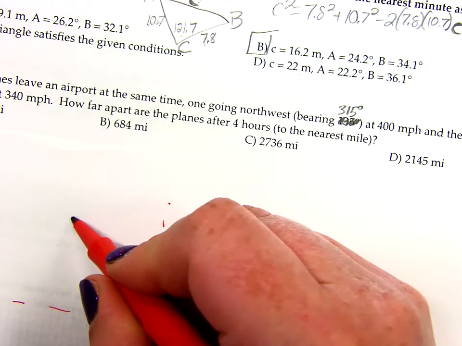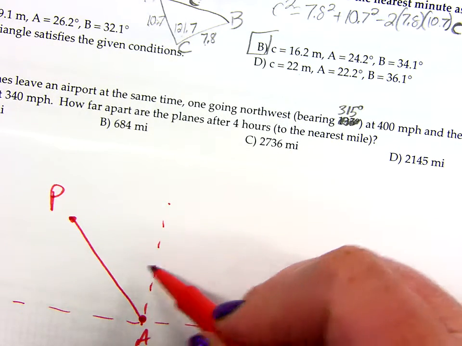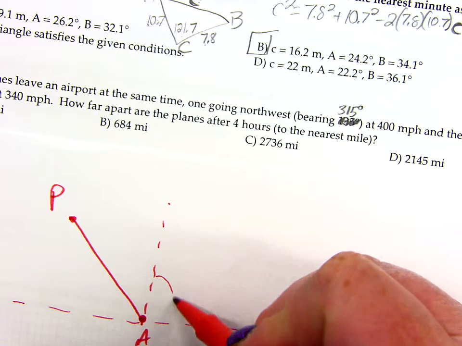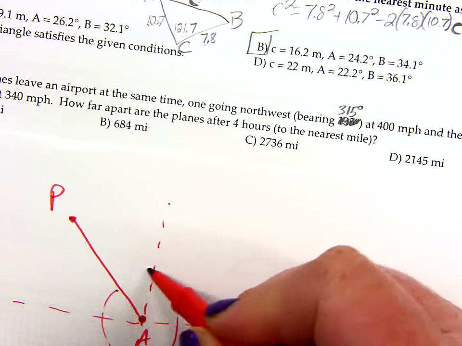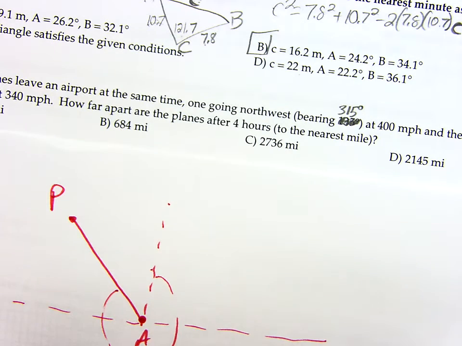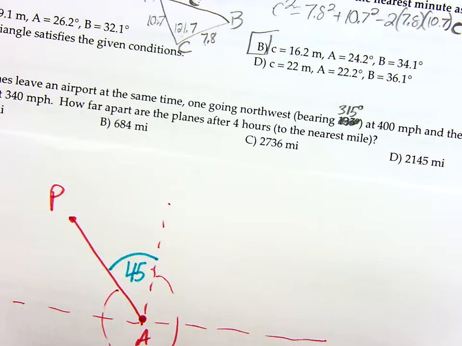So here I have a plane, I'll call it P. So if this angle from here all the way around is 315, what's this angle right here? 45, correct. Okay, so this angle right here is 45. 2 planes leave an airport at the same time.